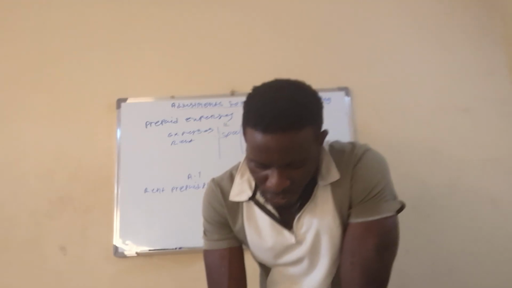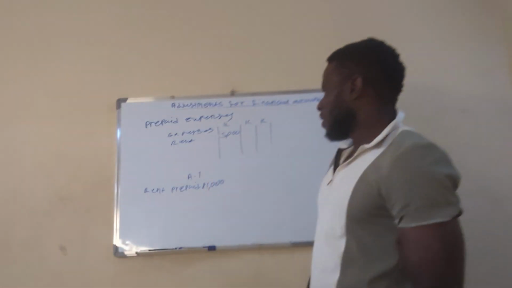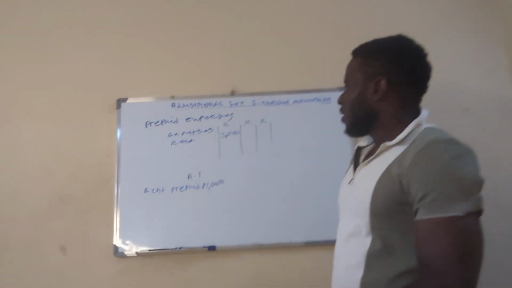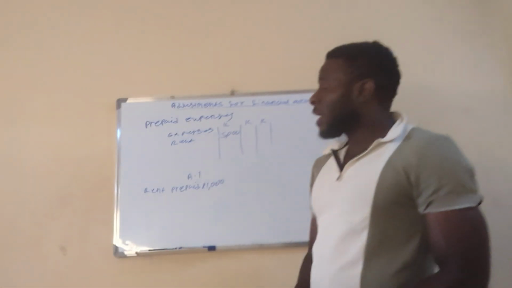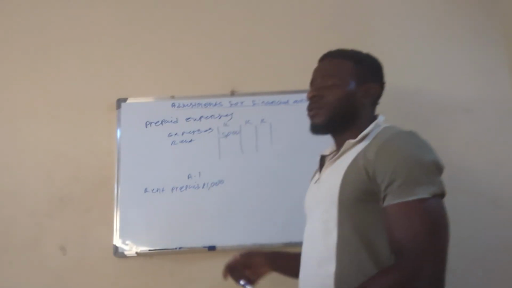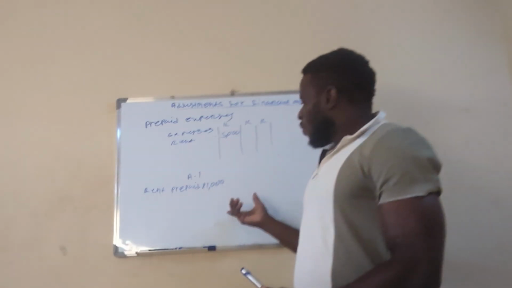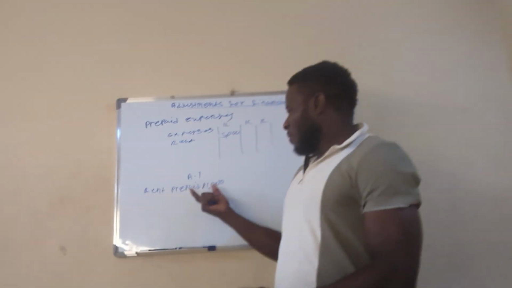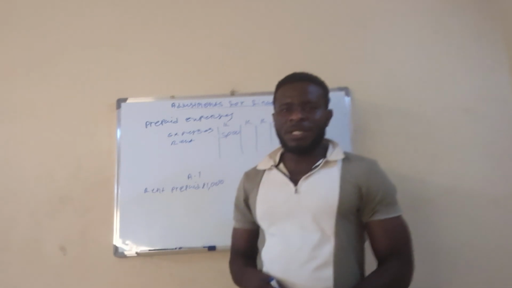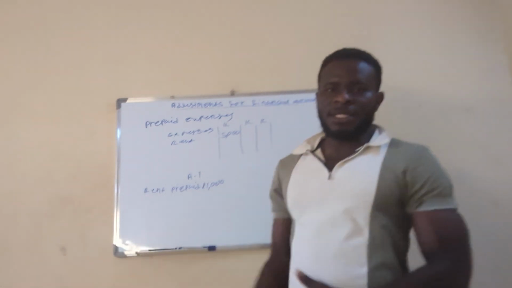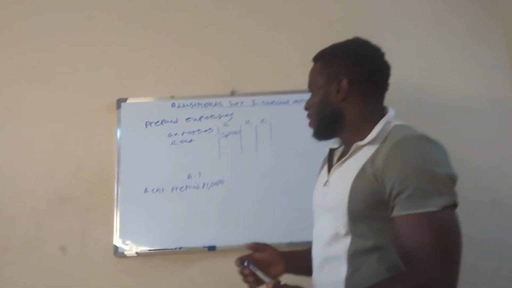So what is going to happen here is that this 1,000 kwacha has to be deducted from the 5,000 kwacha. This one will appear in the statement of financial position as a current asset, as I've already explained.